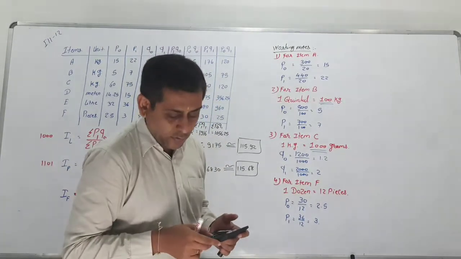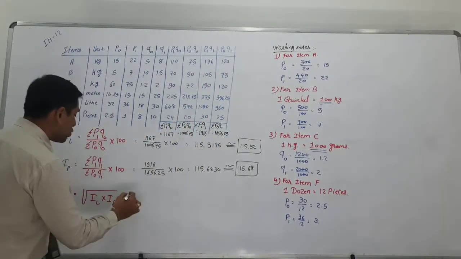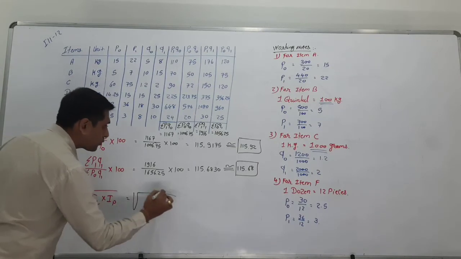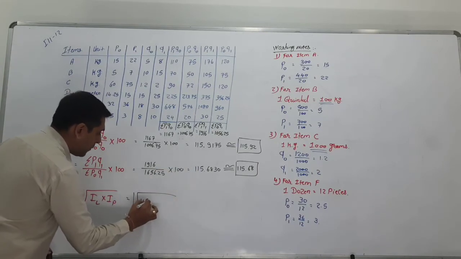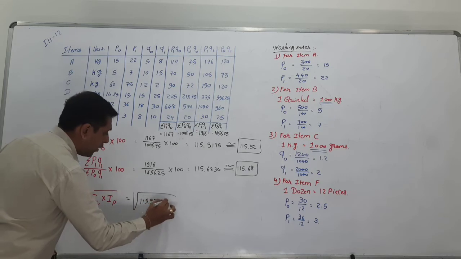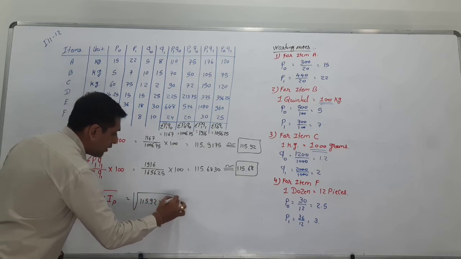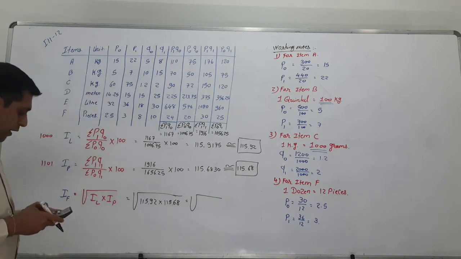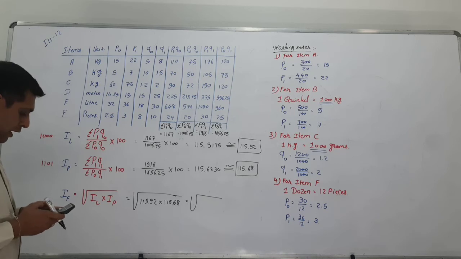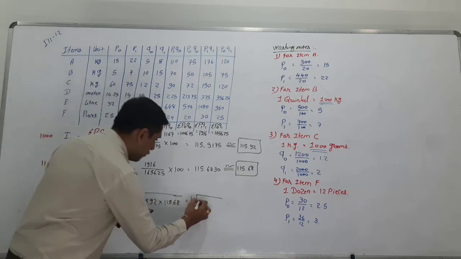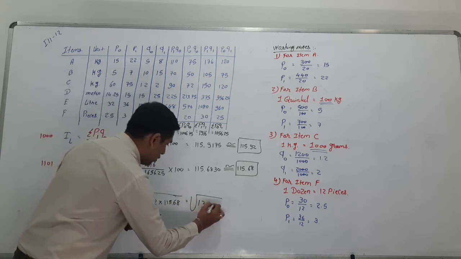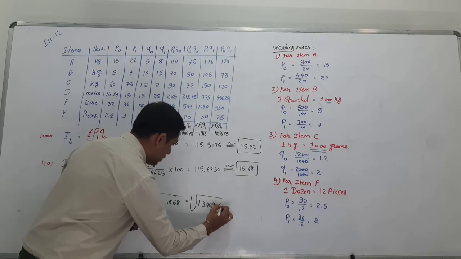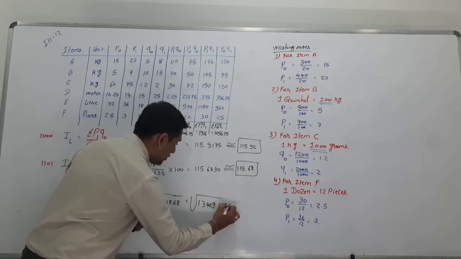And now the Fisher: multiplication of these two, 115.92 into 115.68, and then square root. Multiplication first, 115.92 into 115.68, that is 13409.6256.